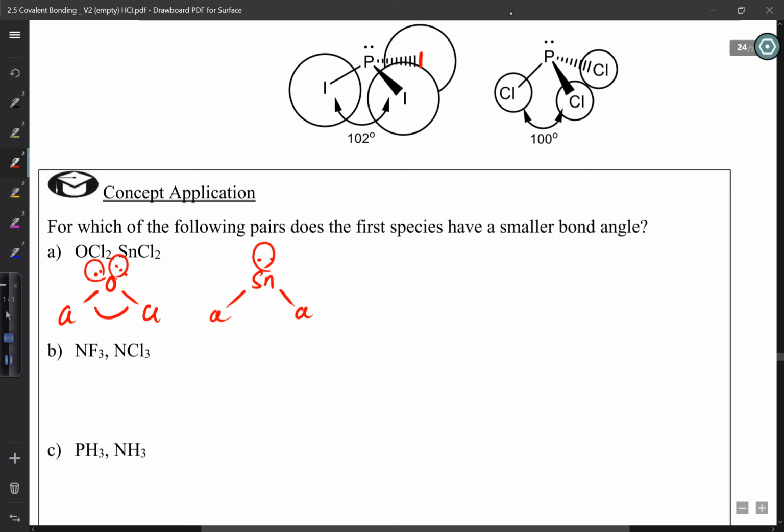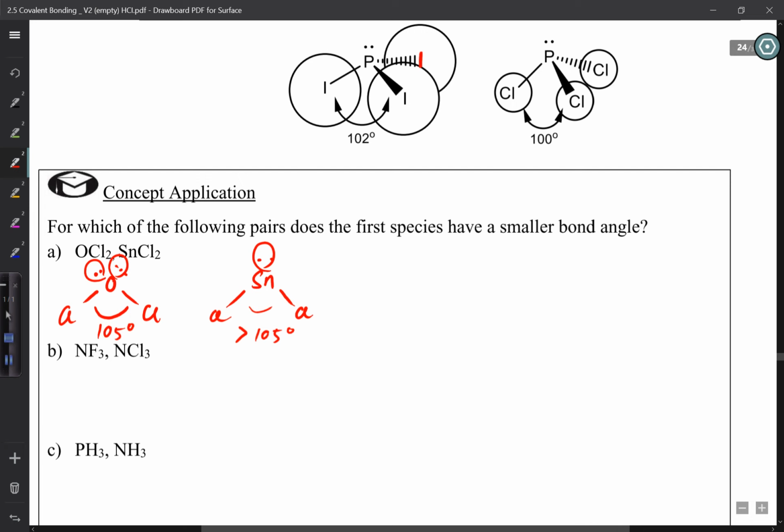So this bond angle will definitely be smaller, but you don't know the exact one. For now, we'll just say that it's the same as water, which is 105 degrees. This one will be larger than 105, in fact close to 120.